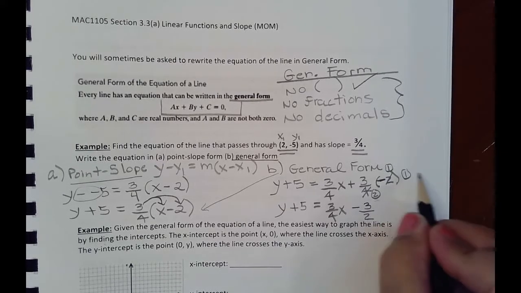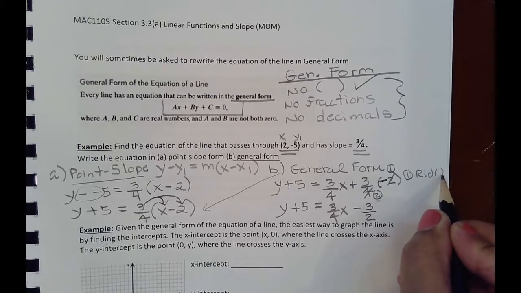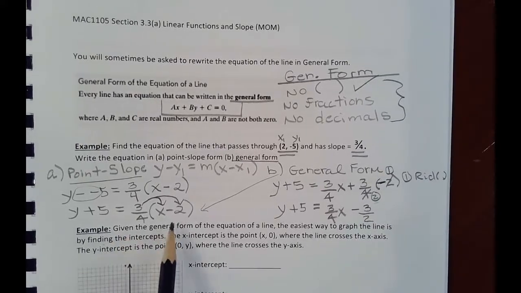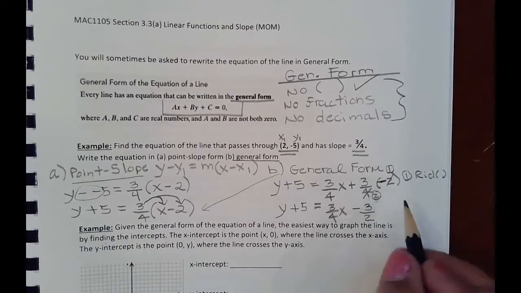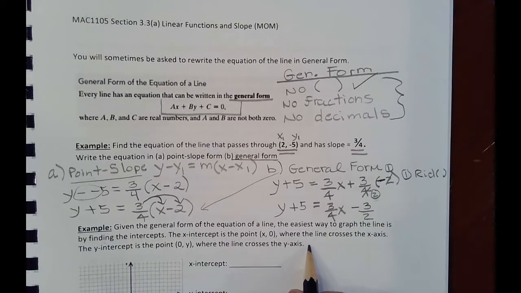Okay, so step 1, I rid this of parentheses, and I did that by just distributing. After I did that, I'm going to have to continue this down here. Step 2, I am going to get rid of the fractions.